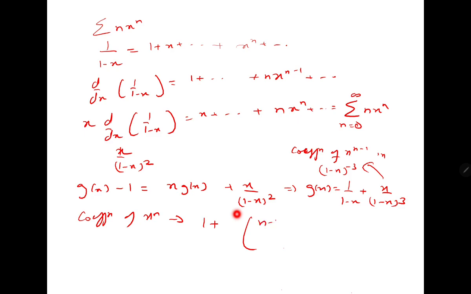So n minus 1 plus 3 minus 1, we have discussed it many times. So this becomes 1 plus C(n plus 1, 2). Instead of n minus 1 I can also write it as this, just for the simplification. So this is my required a_n.